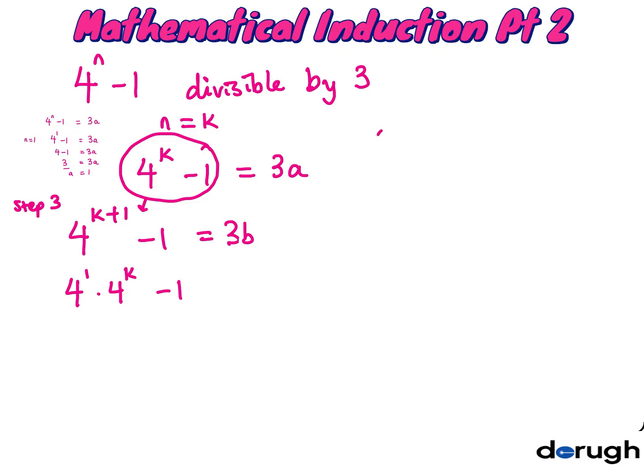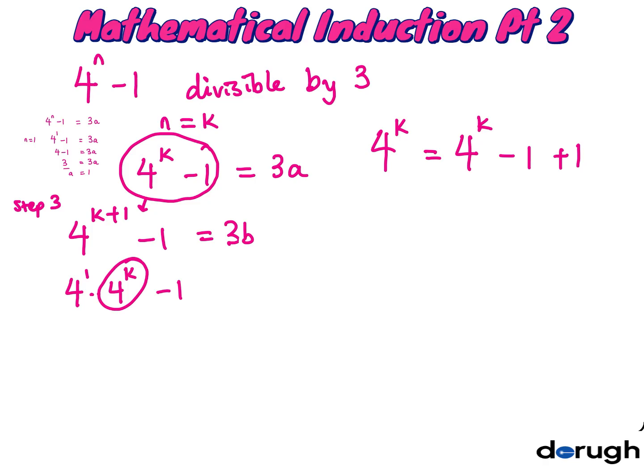So 4 power k, which is this, is equal to 4 power k minus 1 plus 1. What have I done?